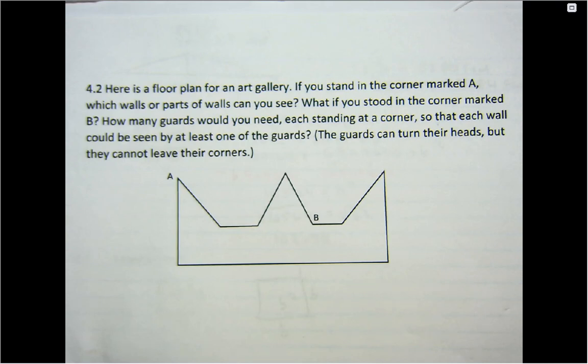So think about B. Now the guard can turn their head 360 degrees. They can't leave their position though. So think about B and think about where the guard at B would be able to see.